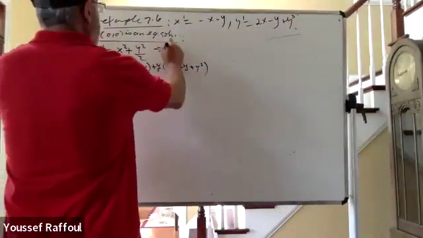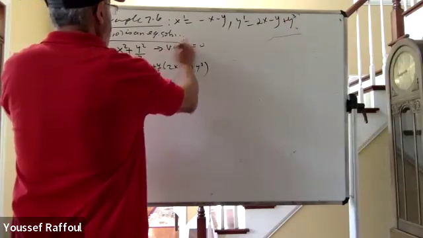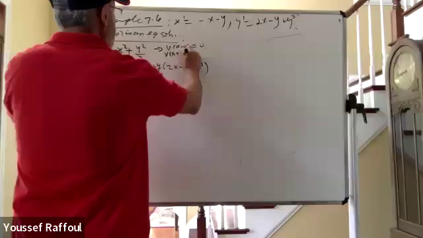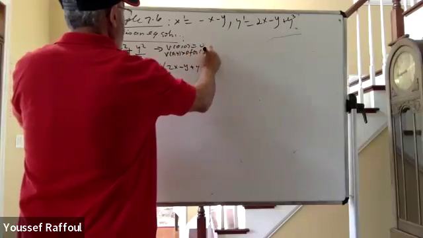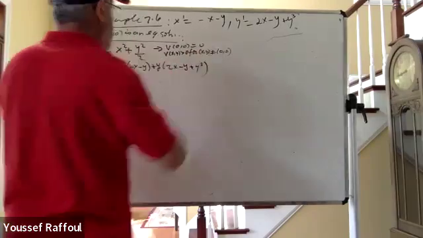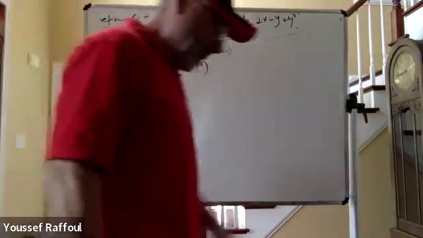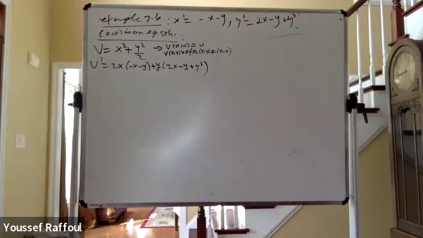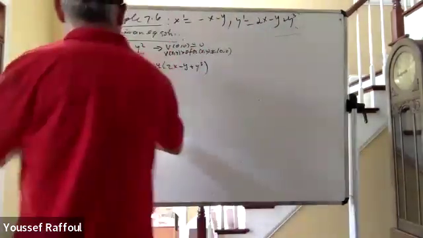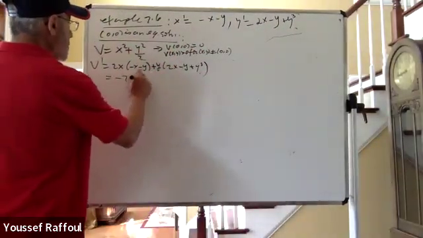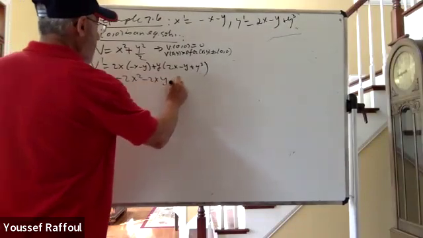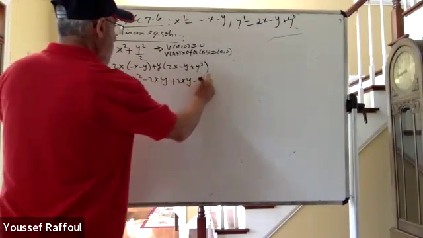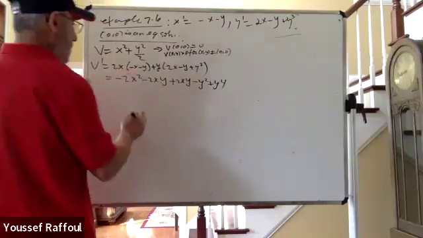So again, V(0, 0) is 0, and V(x, y) is positive for (x, y) not (0, 0). This is part of the definition of positive definiteness of the function V.